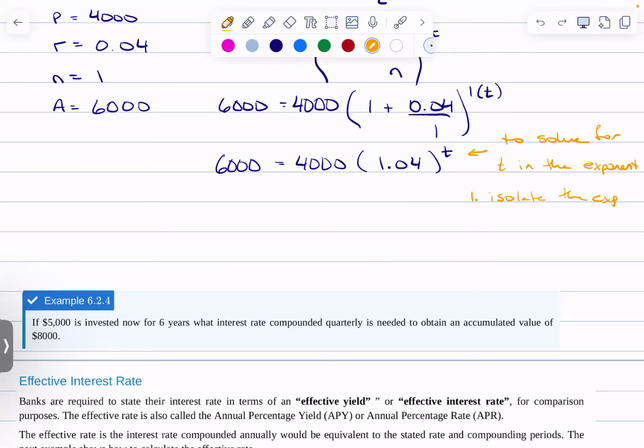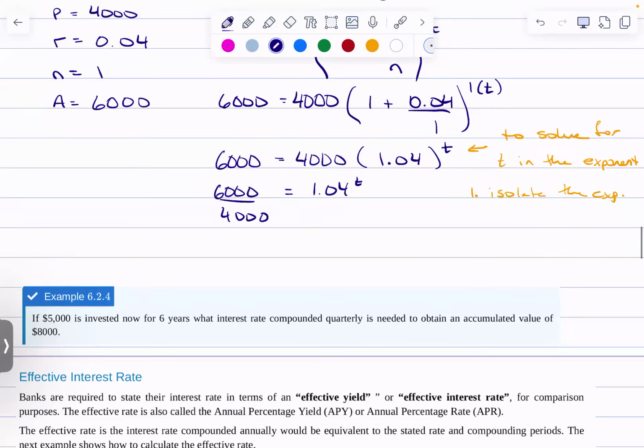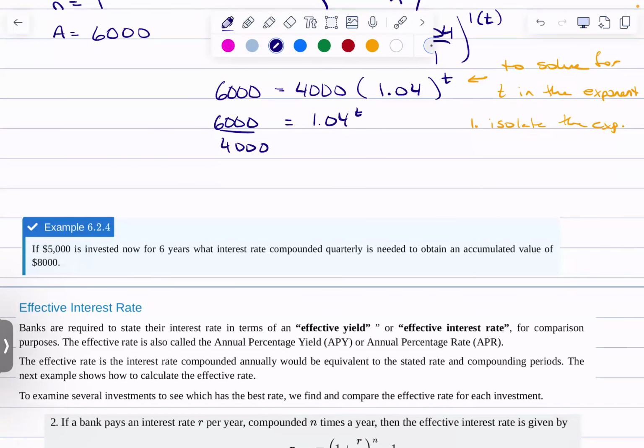I'll just do exp, which looks like this. 6,000 divided by 4,000 is 1.04 to the power of t. Now I've isolated that thing. 6,000 divided by 4,000 hopefully simplifies to something nice, and it does. Simplifies to 1.5 is 1.04 to the power of t.